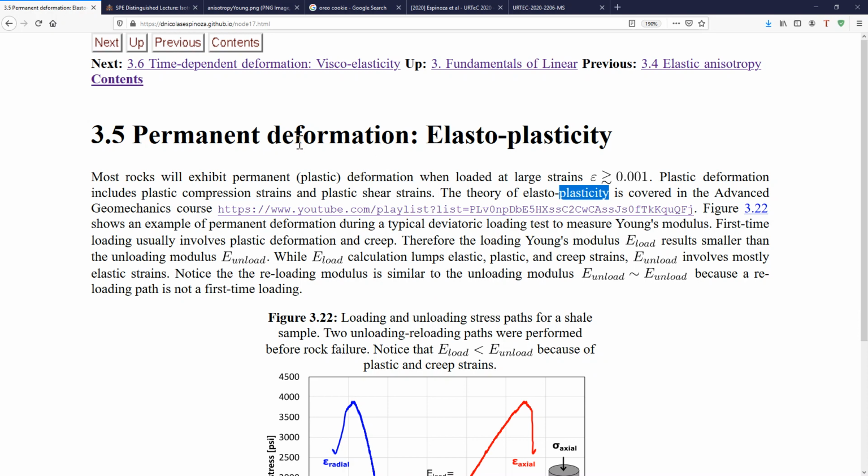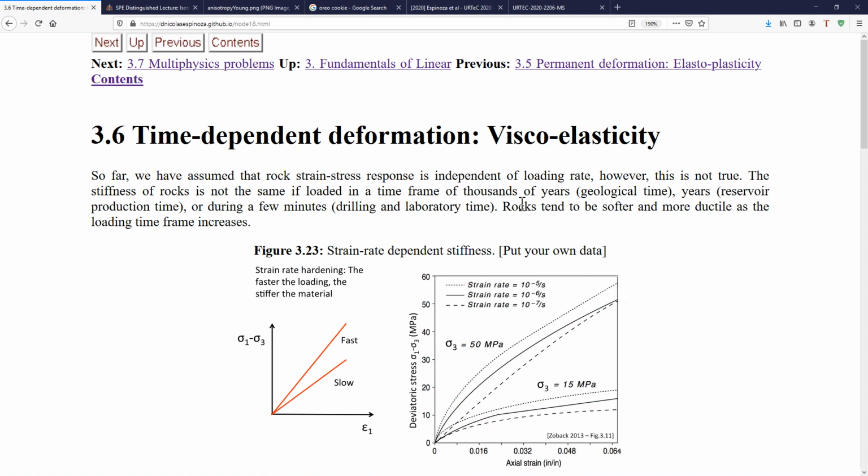Let's see one other topic on why rocks depart from what we assumed at the beginning: isotropic, elastic, and which one am I missing? Isotropic, elastic, and linear. Okay, so the next topic is time-dependent deformation.